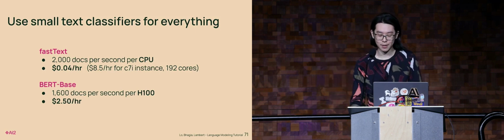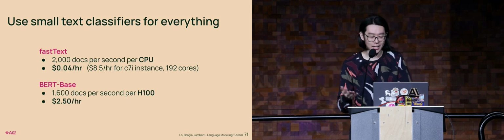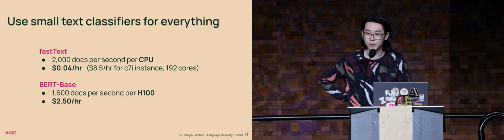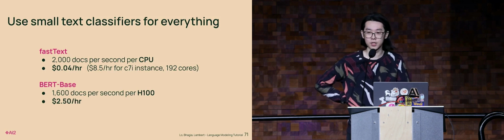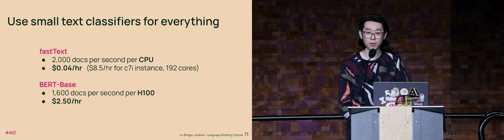And based on pricing today, you might get lucky and get one H100 for $250 an hour. There's a world of difference between small models like fastText versus something that we might even consider small today, like BERT base. And this matters if you want to process trillions and trillions of tokens, terabytes of data.